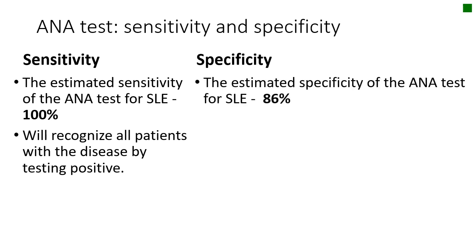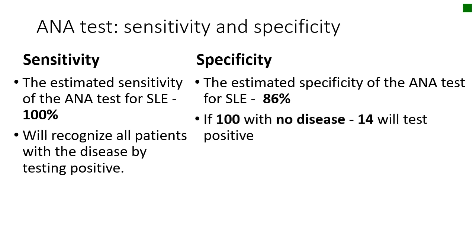But the estimated specificity of the ANA test for SLE is only 86%, which means that if there were 100 people with no disease, 14 people will still test positive. That means if I have a random mix of people with and without the disease, there'll be a good number who will test positive without having the disease. So that could be a red herring and lead you astray.